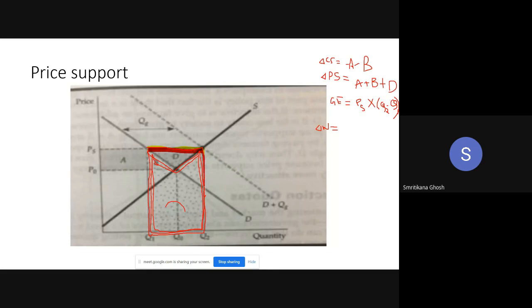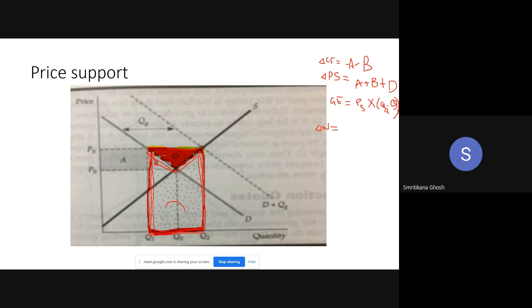Any doubt with that? No, ma'am. So this is the government expenditure. Now, out of this government expenditure portion, that D triangle is received by the producer. Okay? But what about the rest expenditure by the government? No one is receiving it. No one is receiving the rest of the government expenditure, right?